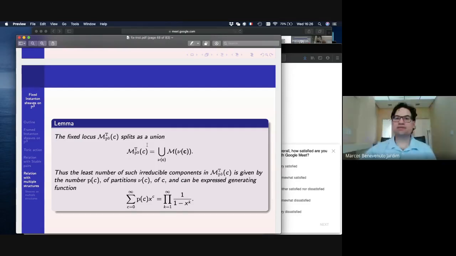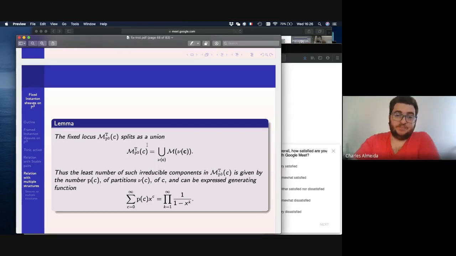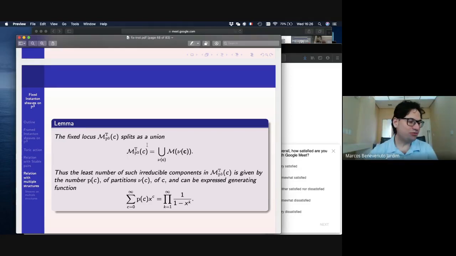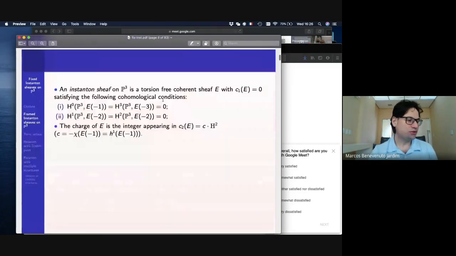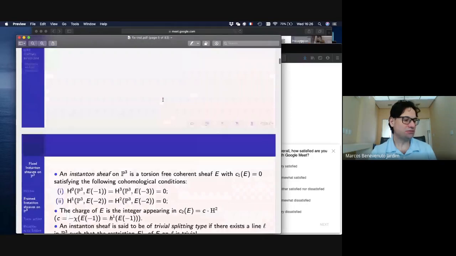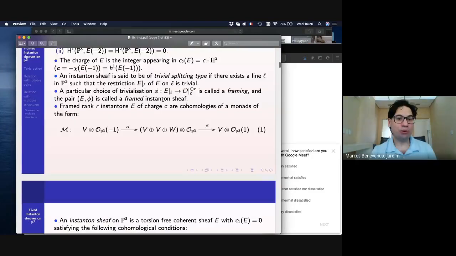Okay, more questions? I have a question of my own. In the beginning of your presentation, Amar, you said that the matrices associated to a fixed instanton are nilpotent.